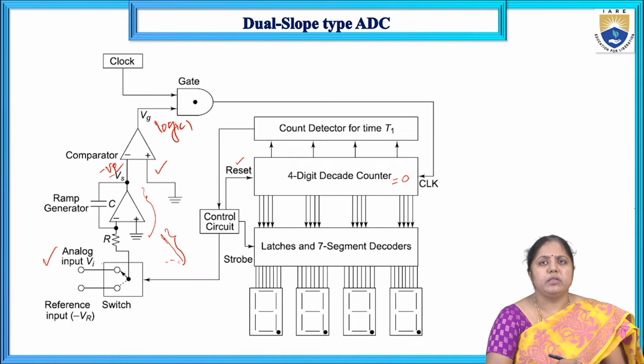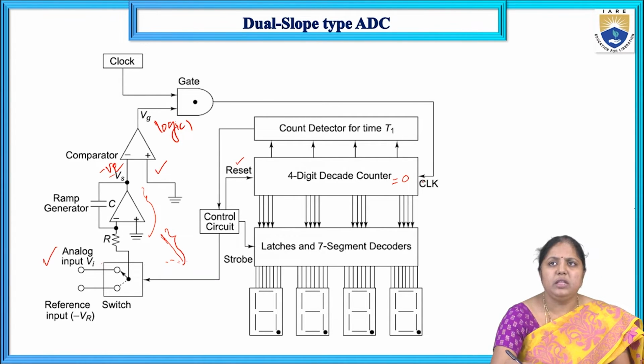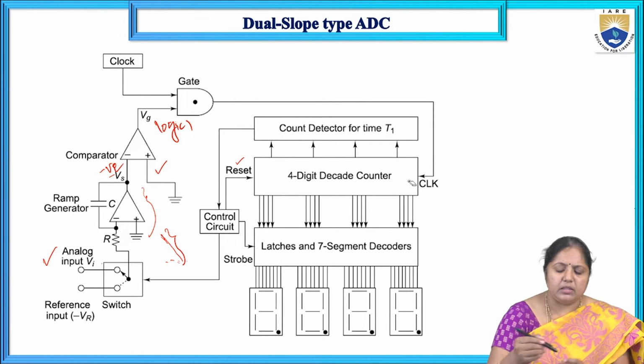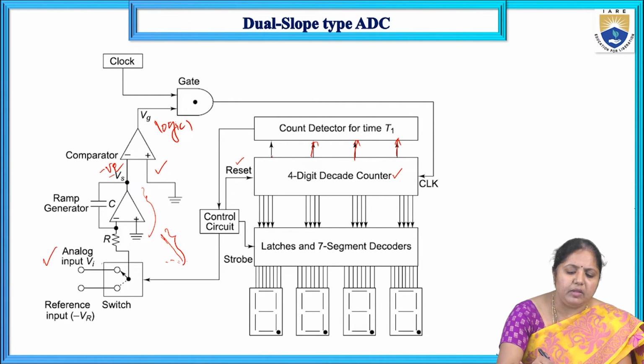When logic 1 is present, your gate will allow the passage of the clocks and your decade counter will count the clock cycles. While counting, the values are counted with the counter detector timing T1 also.